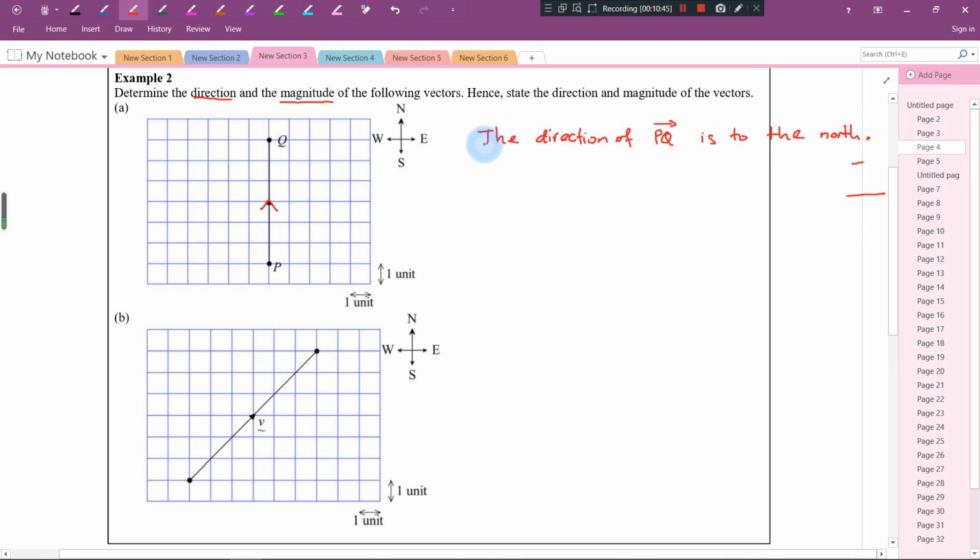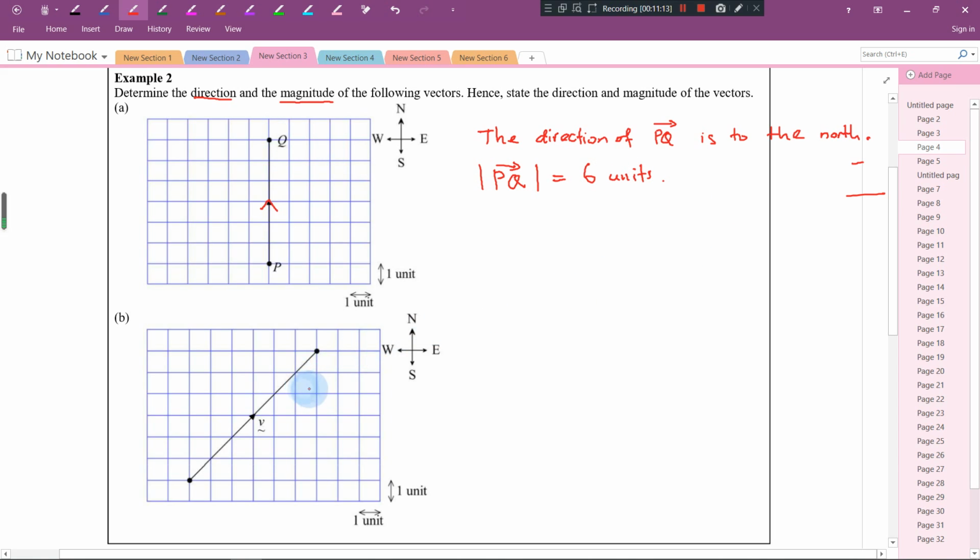Okay, now we are going to state the magnitudes. So still remember, how do we represent the magnitude of a vector? This is PQ, right? So we write PQ first and put this sign. So now this means the magnitude of the vector PQ. How many units? 1, 2, 3, 4, 5, 6. 6 units.